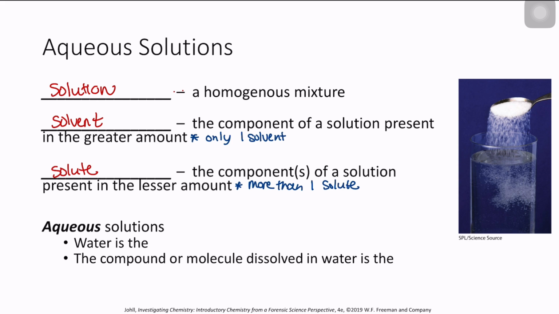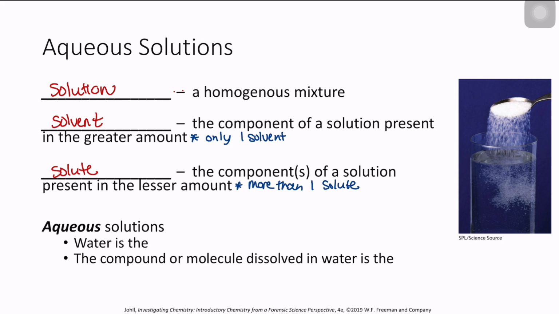In this picture, we have a solution being made by adding a white solid to a clear colorless liquid. This could easily be adding salt to water or adding sugar to water.